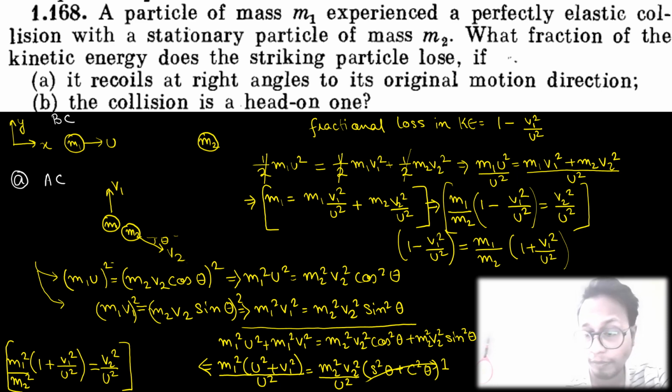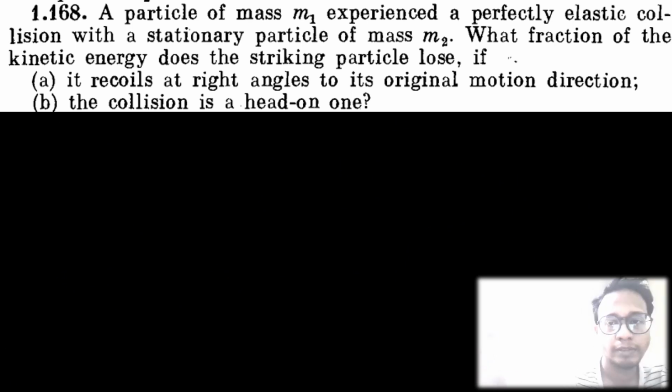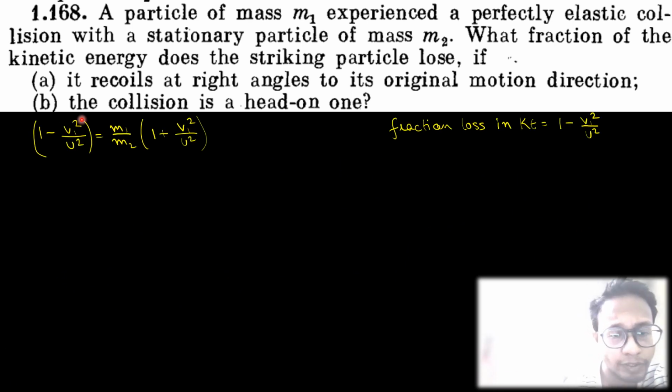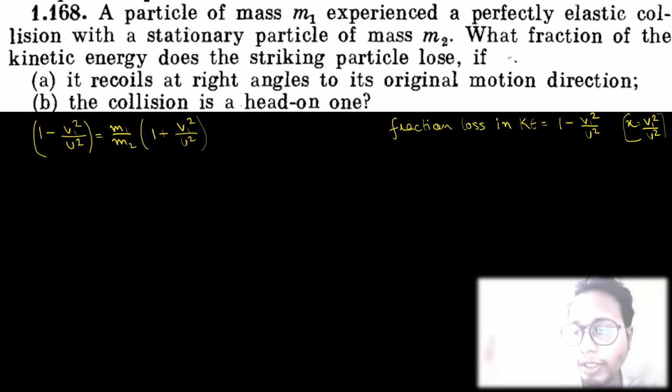I'll simply copy this equation to the next page. For the ease of calculation, I take v1 square by u square to be x. So let x equal v1 square by u square. I have to find out 1 minus x.